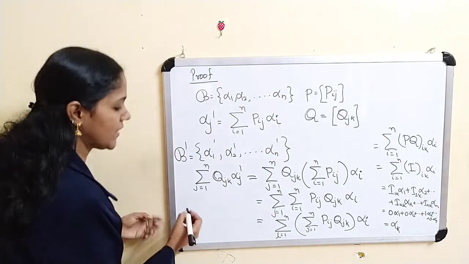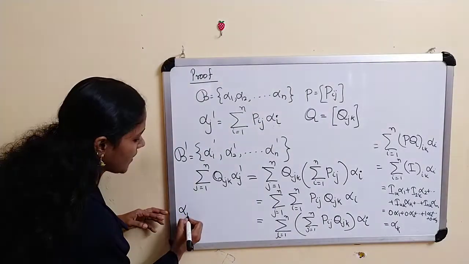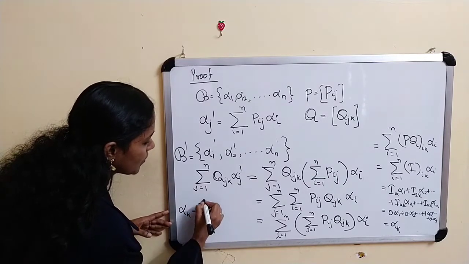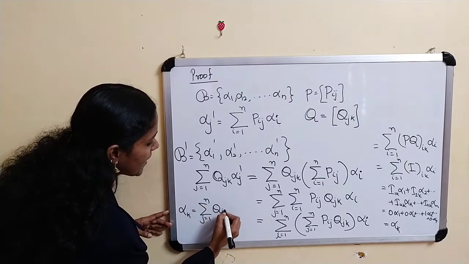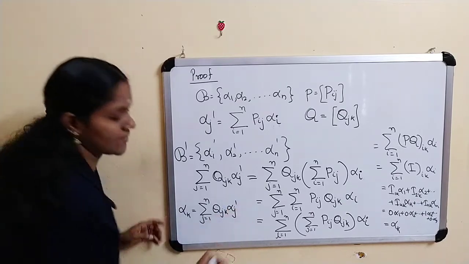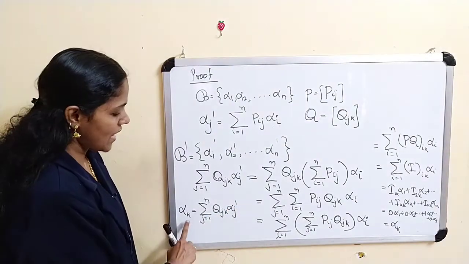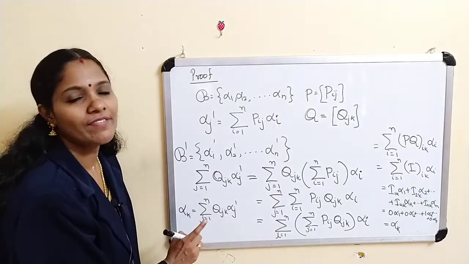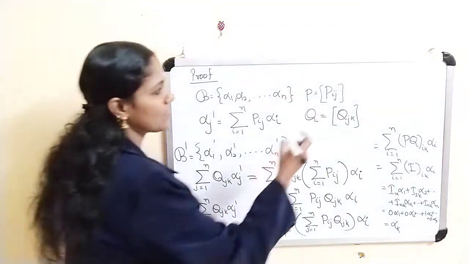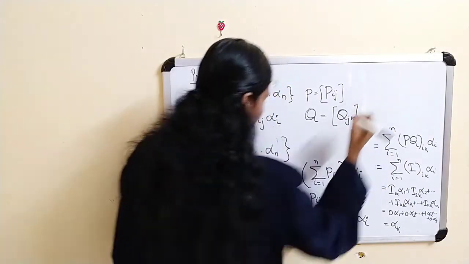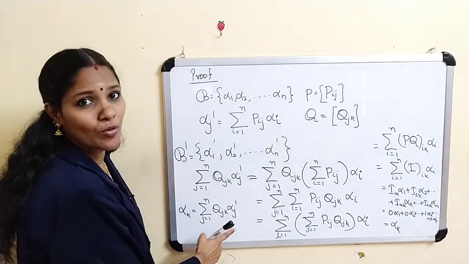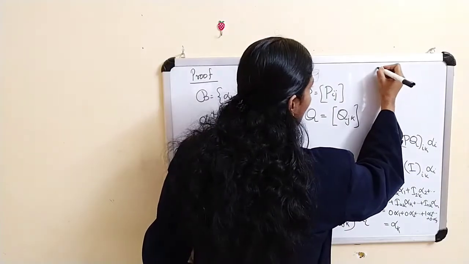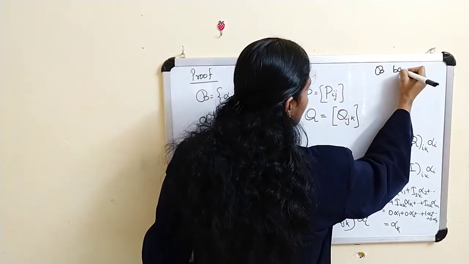Okay, thus we get alpha k is equal to sigma j varies from 1 to n, q j k alpha j dash. Okay, alpha k, you can write as a linear combination of alpha j dash. Okay, that's what we get. Each alpha is a linear combination of B dash. Okay, what we have? We have B is a basis.